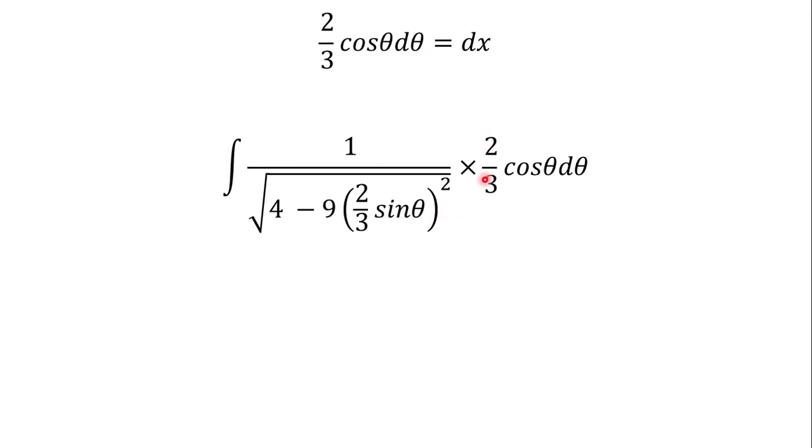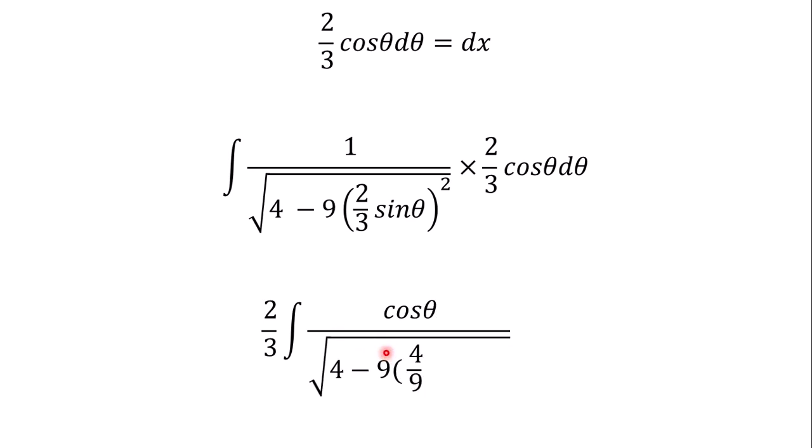But mind you, this one is constant. It can come out of the integration, or it can be written at the back here, and then we focus on what is on the inside. With a constant, we always bring it out of the integration, at the back of the integration symbol. So when you bring it out, this is what we are going to get.